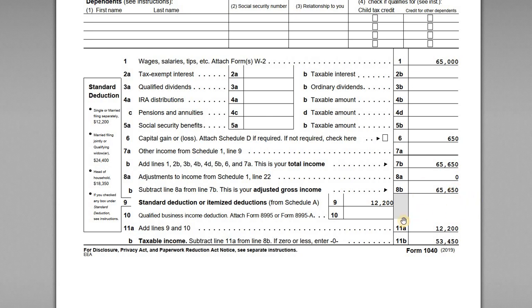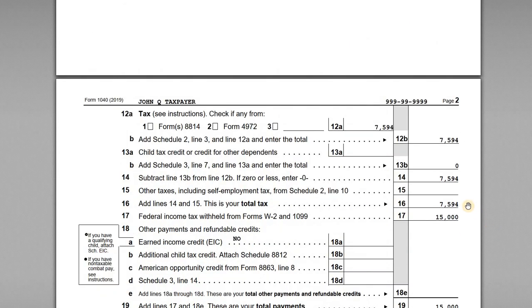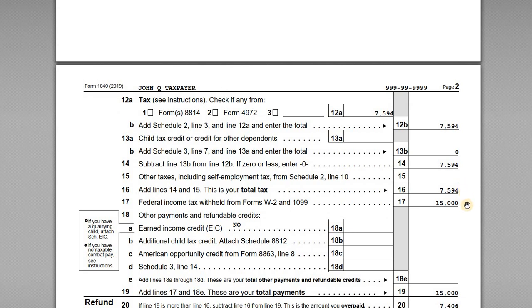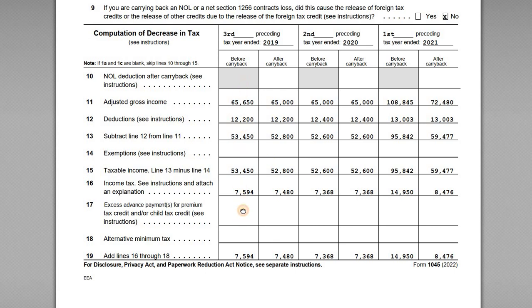We're looking at the total amount of deductions, so that's line 11A. Taxable income, line 11B. And then the amount of taxes owed, the $7,594 on line 16. So those numbers, you pull from the return and input everything here.